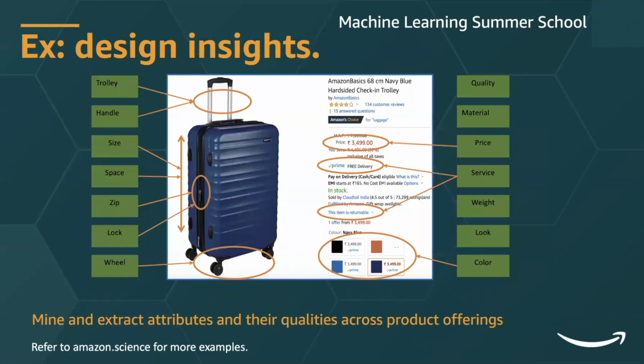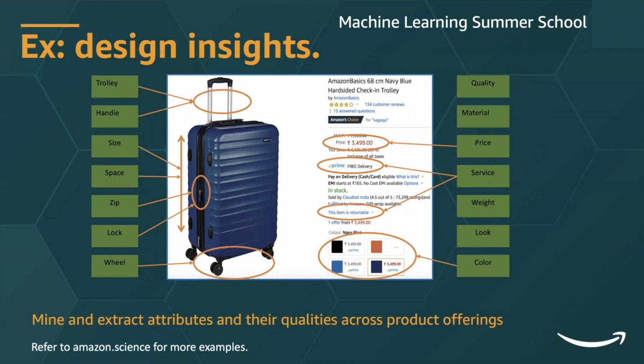Design insights. The Amazon product pages typically contain a lot of information, and it is sometimes hard to find the information that the customers are looking for. They'll have to browse the detailed pages and maybe even read the reviews if they want to understand what customers who have used these products think of them.